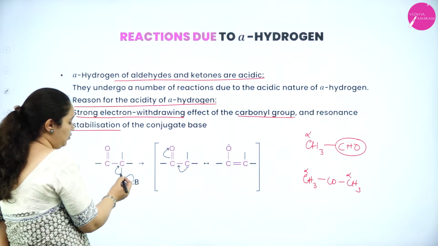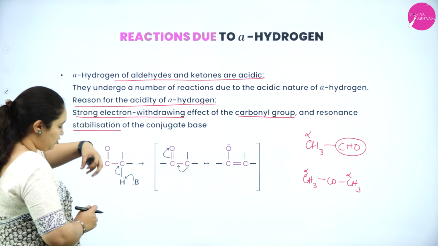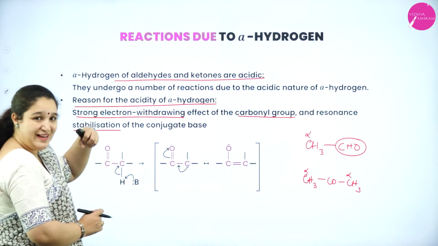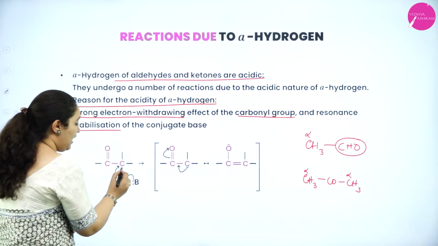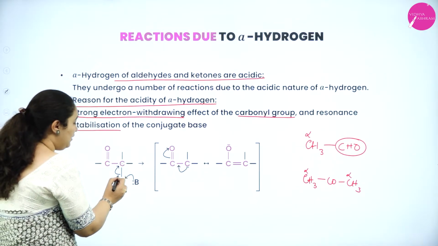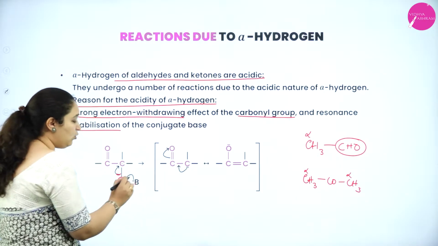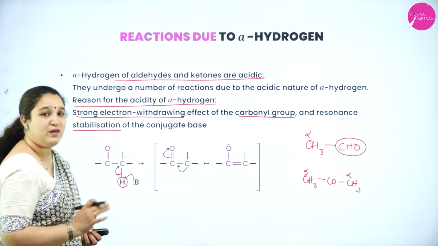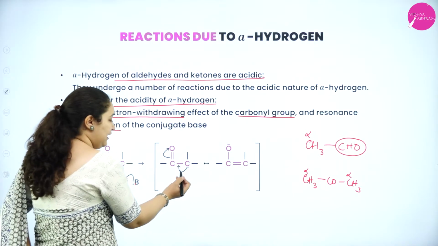In the presence of nucleophile and the carbonyl group, this carbonyl group is an electron withdrawing group. It tries to pull the electron towards itself, and the bond between the alpha carbon and the alpha hydrogen atom will move to form the charge, and H plus ion will go with the nucleophile to form BH. Okay. Now, the carbon gets the negative charge.